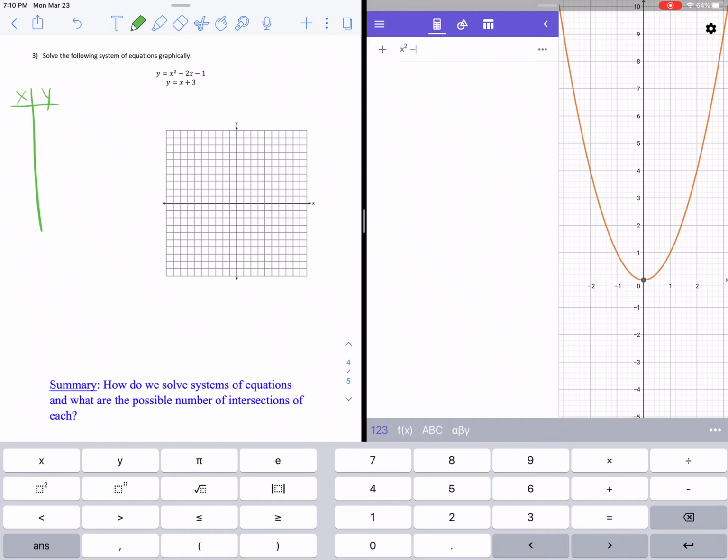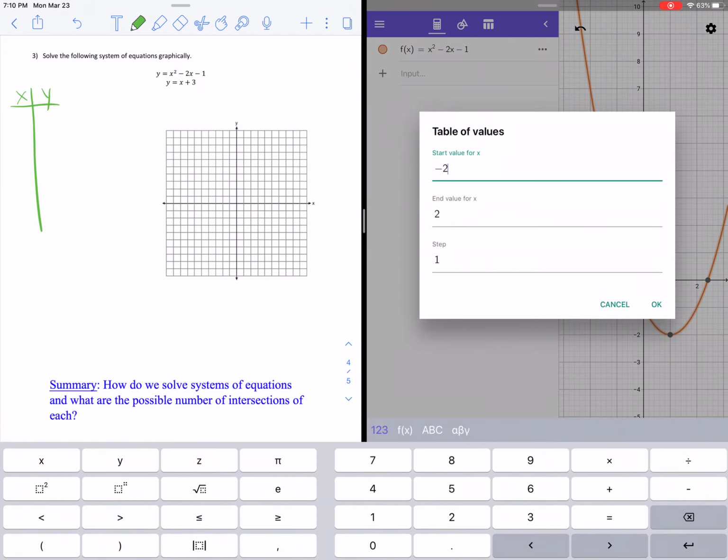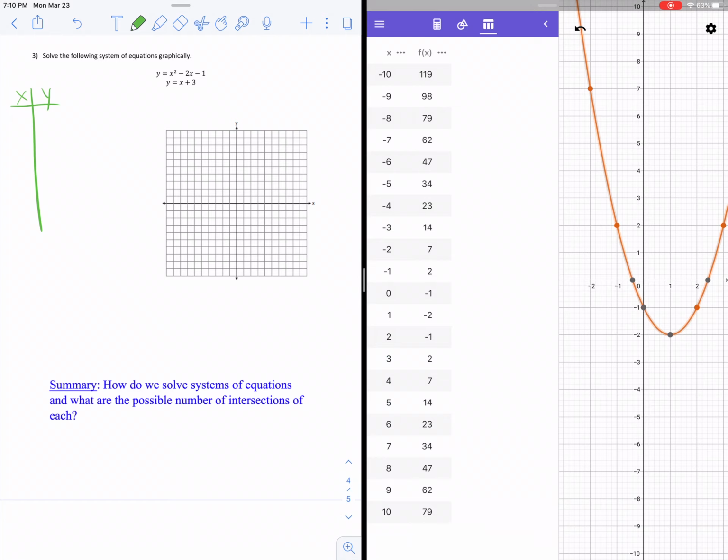So putting it into the calculator, table of values, I'll go from negative 10 to 10. And I see that the vertex or the point of symmetry is, I don't know if I could use my highlighter there, at 1, negative 2.